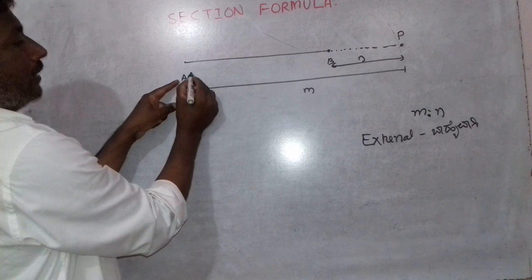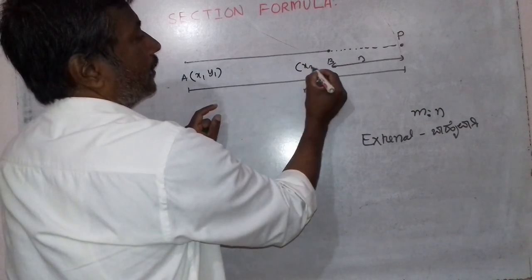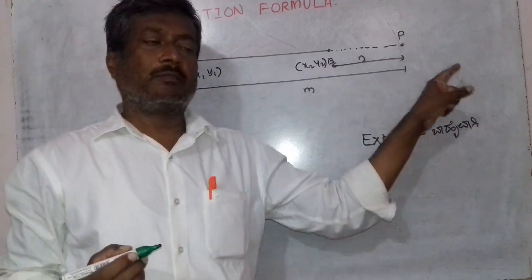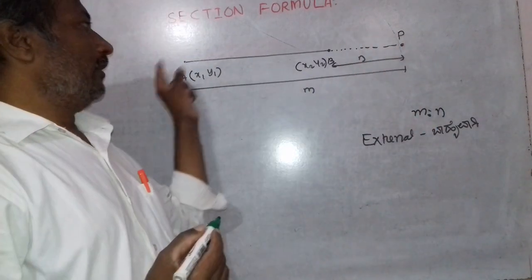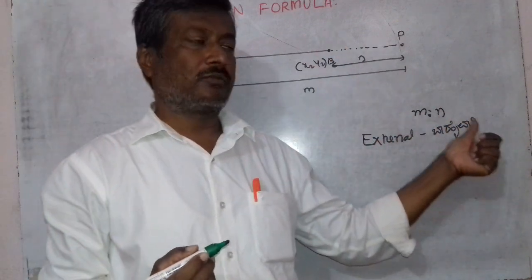Here again A is (x1, y1) and B is (x2, y2). So the point P divides AB externally in the ratio m is to n.